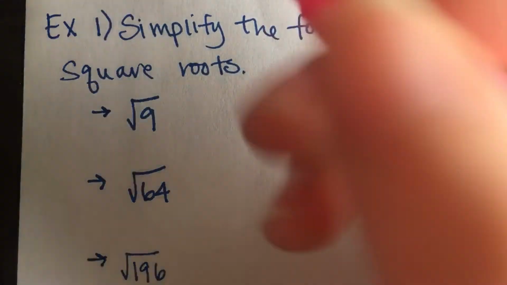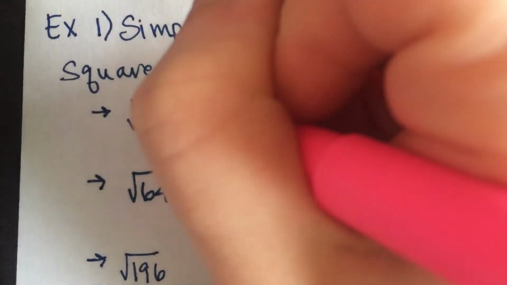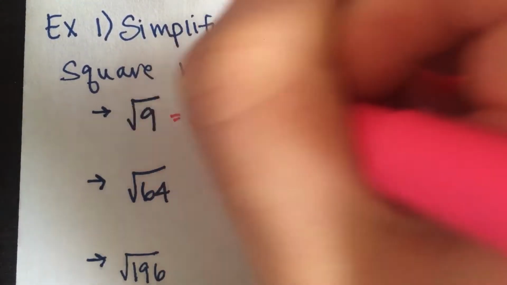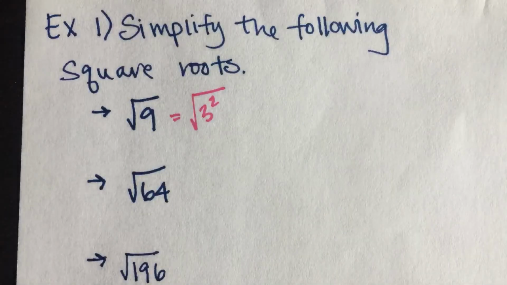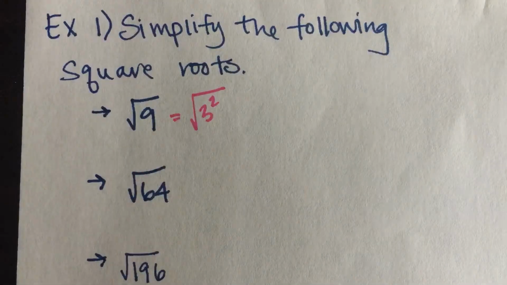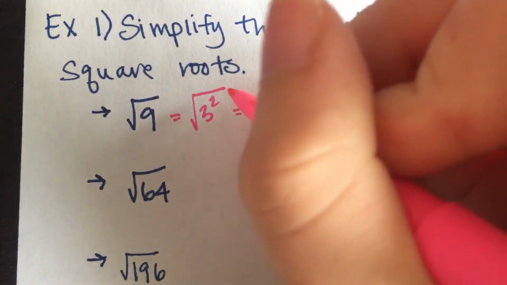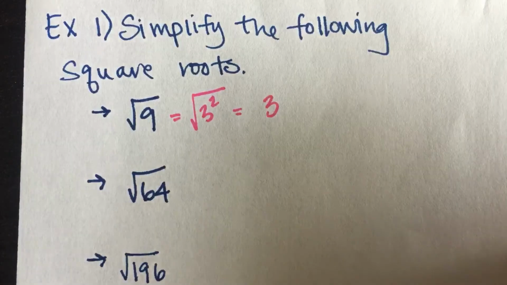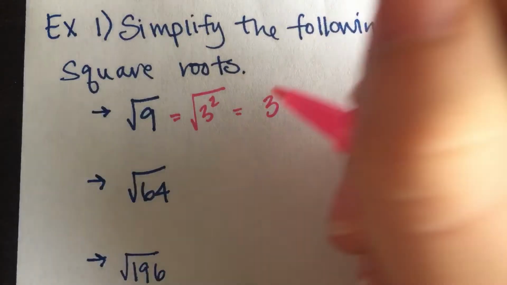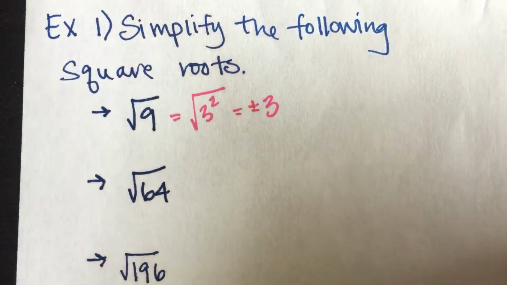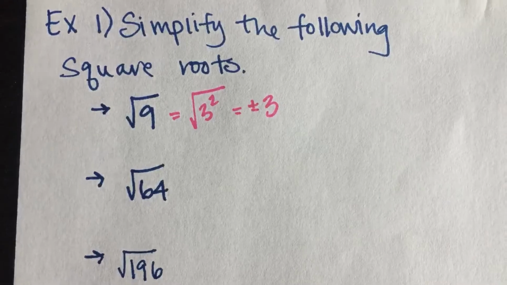So 9 is the same thing as 3 squared. And remember that square roots and squares act against each other, which leaves us just with 3. Now, if we're taking the square root of something, you cannot forget the plus and minus because there's always 2.